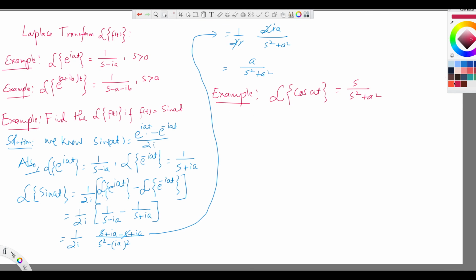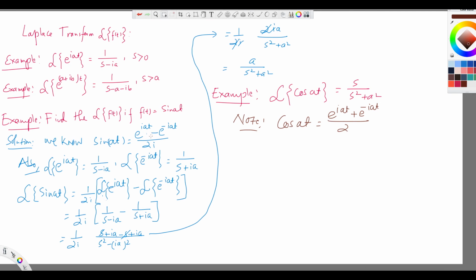But let me write down the note for it. Note that cosine of at can be written as e to the iat plus e to the negative iat over 2, not 2i, okay?